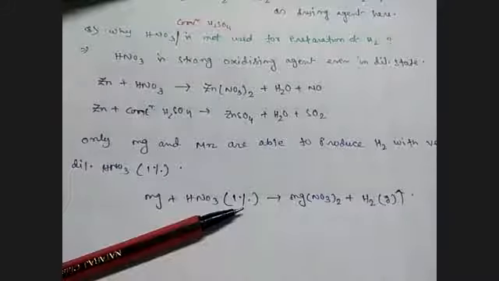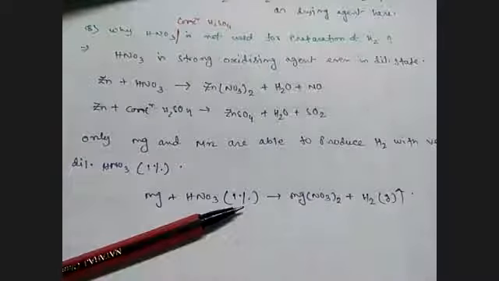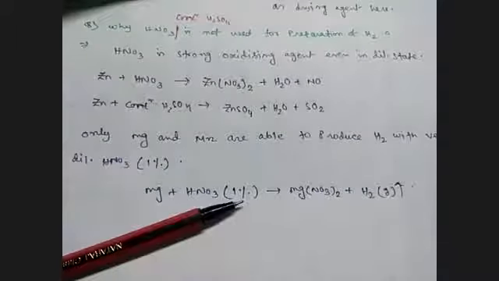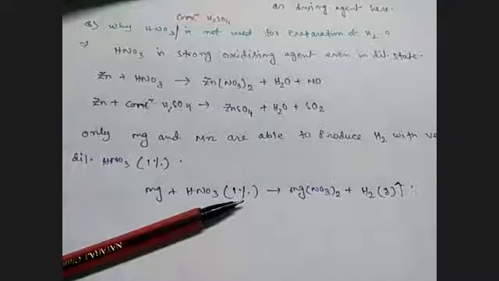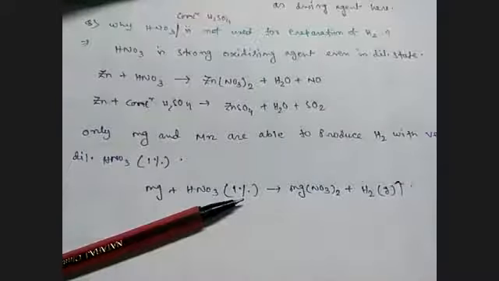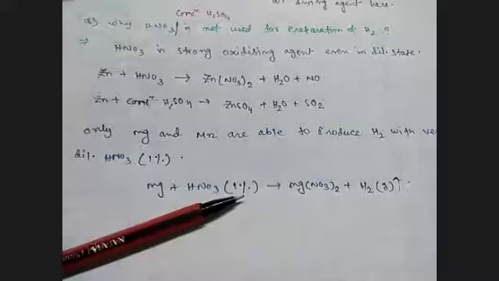Aluminium forms a protective layer of Al2O3, so it will not produce hydrogen. And less reactive metals are not able to give hydrogen. On the basis of everything, we should remember that zinc is suitable for the preparation of hydrogen. Next, some other processes to prepare hydrogen.